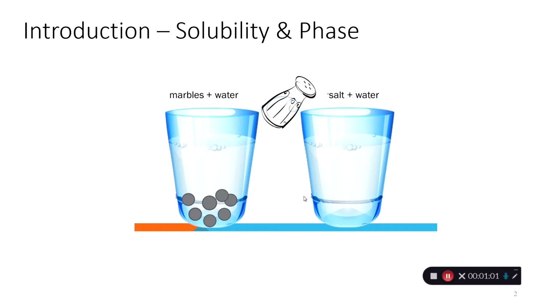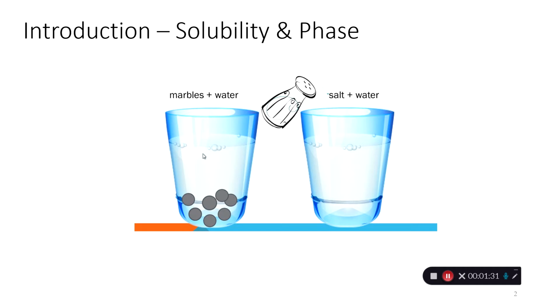Looking at these two diagrams, as in it's one diagram, but we have two situations here. One is marbles in water in a glass. The other one is you put salt in water in the same glass. Of course, what will happen to the mixture on the left is these marbles will not mix with the water.